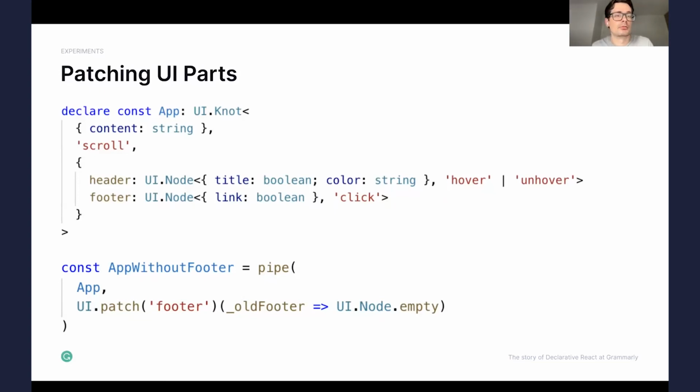So again, continuing the example, what if you have an app that has a header and a footer, but what if we want to have an experiment maybe, or some version of this UI that doesn't have any footer?